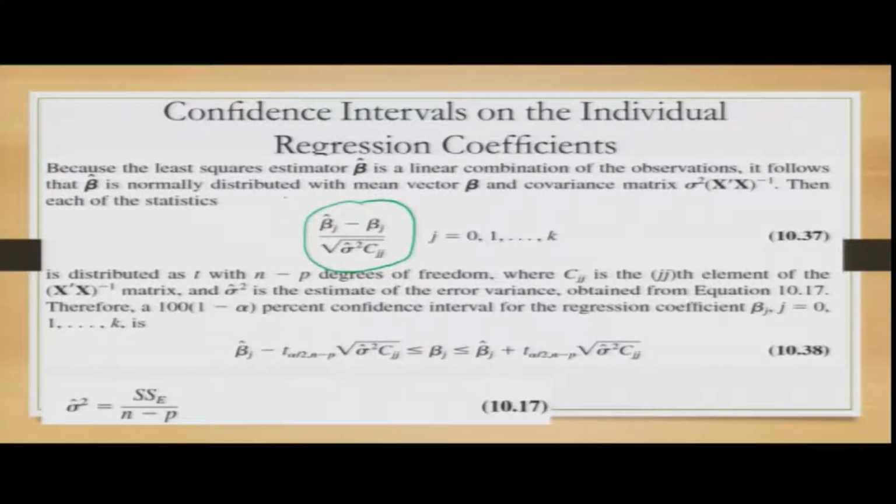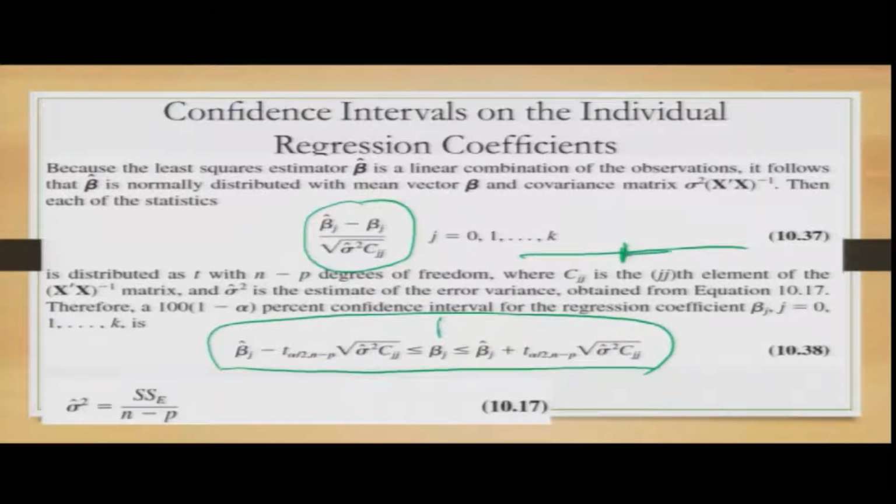Obviously, 100 times 1 minus alpha is the level of confidence, and based on that, the interval comes out like this. This is the central value, plus or minus the interval which you want to find. The left value would be beta hat minus that t statistic times the standard error, and on the right-hand side it will be plus.